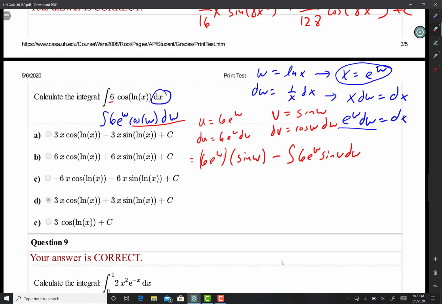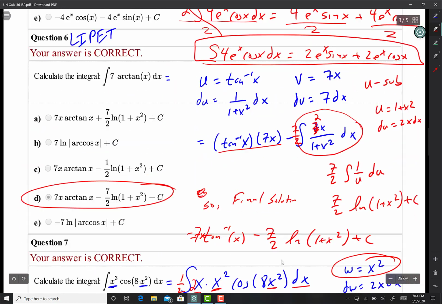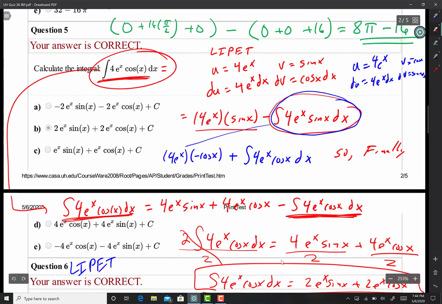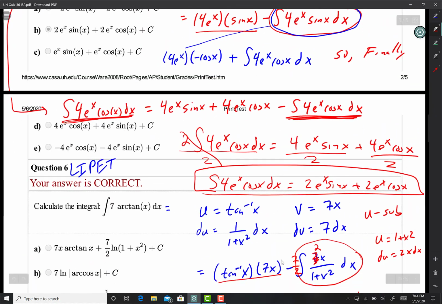All right, with this right here, that's a w there, I'm going to have to do it again. But remember, just like last time, it's just going to keep toggling. It's going to keep 6e to the w, and instead of sine w, it's going to go to cosine w, which is what I want. I'm going to do exactly how I did number 5, where I'm going to add them up.